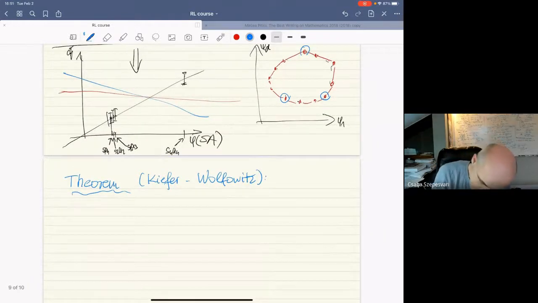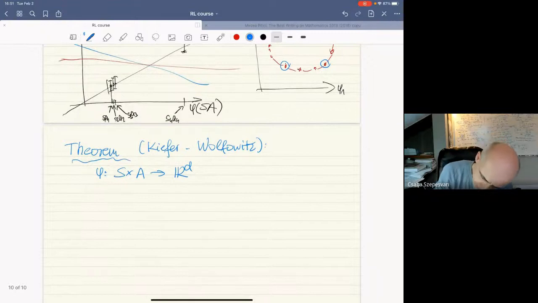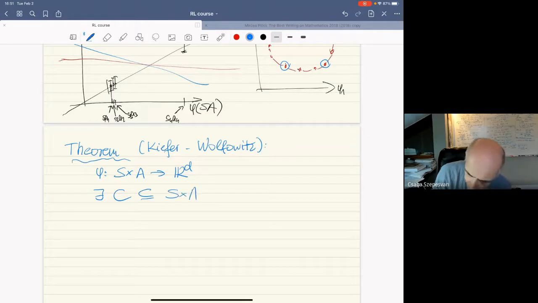So if you take phi, mapping this, let's say, finite SA to R^d, there exists C, which is a subset of SA, such that C has at most d(d+1)/2 points.